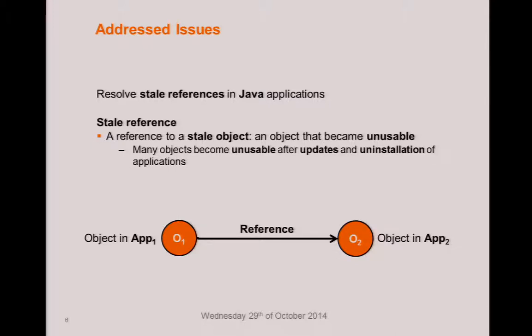So maybe what should be done in Java is that somehow we should be able to transform the type of reference at runtime, that is, transform a reference from a strong one to a weak one. This would make such a tool, at least the implementation, very easy.